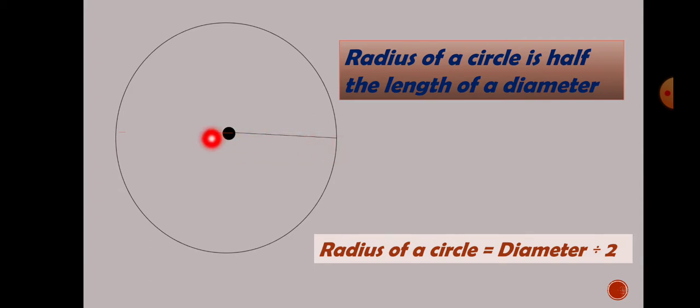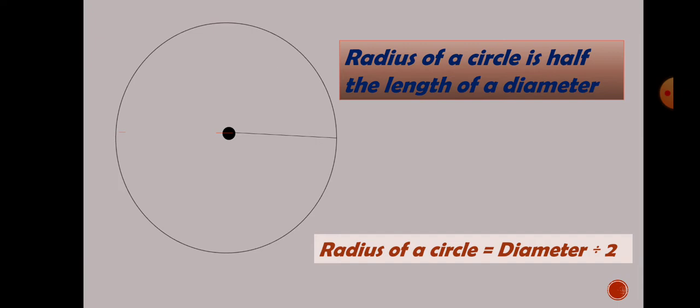That means a radius is always half of the diameter. To find the radius, we have a formula over here. Radius of a circle is equal to diameter divided by 2. Means whatever the diameter number is given, we have to divide it by 2. Understood everybody? What is the relation between a diameter and a radius? A diameter is always double the radius, and a radius is always half the diameter.